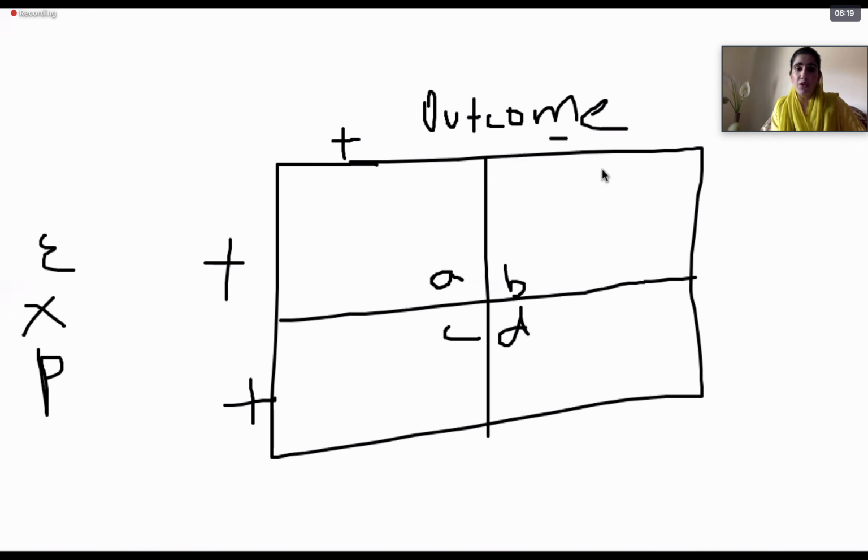No, ma'am. Why? Because although exposure to tubercle bacillus is necessary for tuberculosis, tubercle bacillus needs to be there for causing tuberculosis, not everyone who is exposed to it is going to develop tuberculosis.